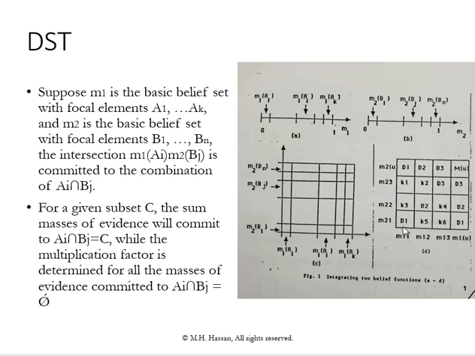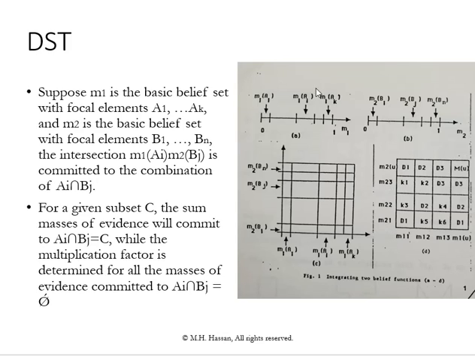Now, some of those squares contribute to the hypotheses. For instance, for hypothesis D1, m11 and m21 contribute to D1 because both of them represent hypothesis 1. m2U is the uncertainty value in those measurements.